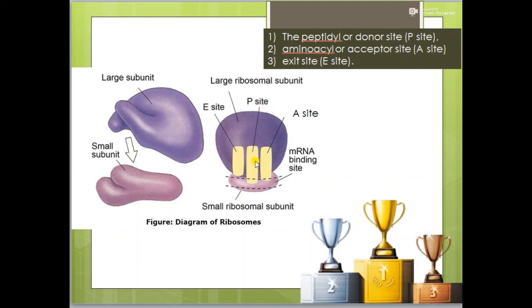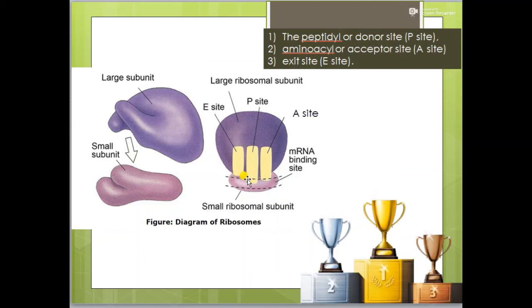And always, once the P site is occupied, the second amino acid will be put in the A site. P doesn't want anyone to sit close by on this side because it has to go in this direction. So the second amino acid will always be present here. Why? You can just use your common sense, because the mRNA is present here.